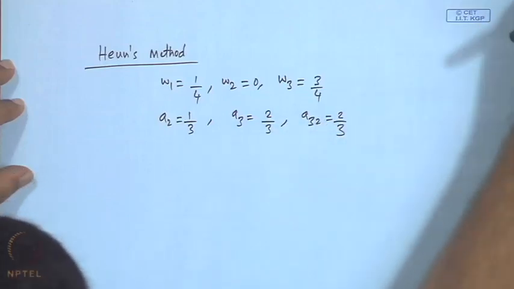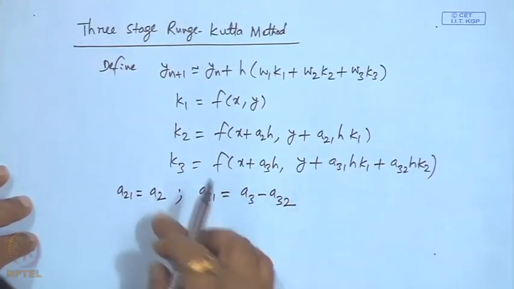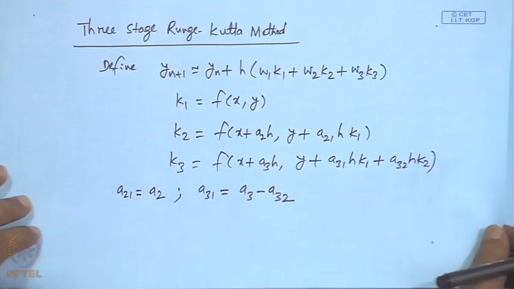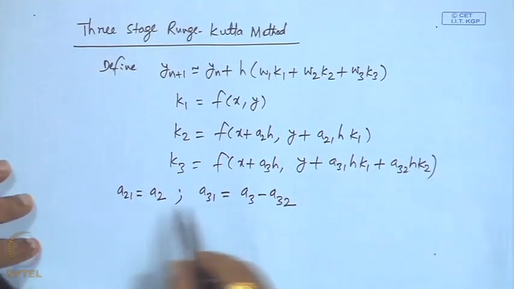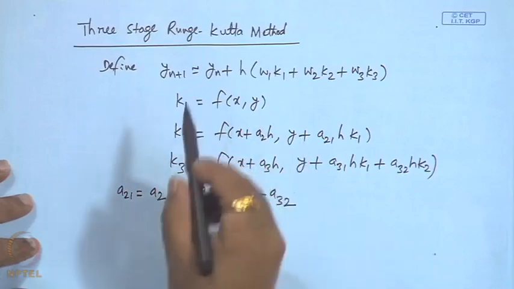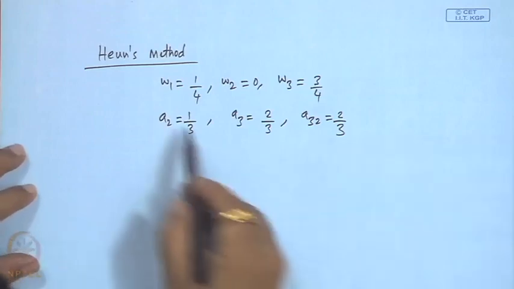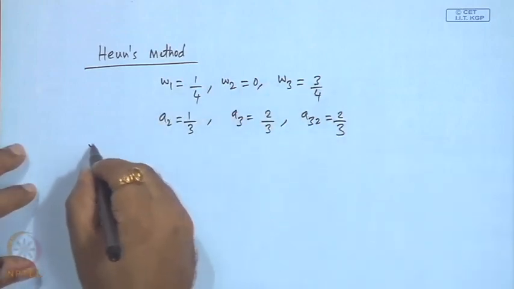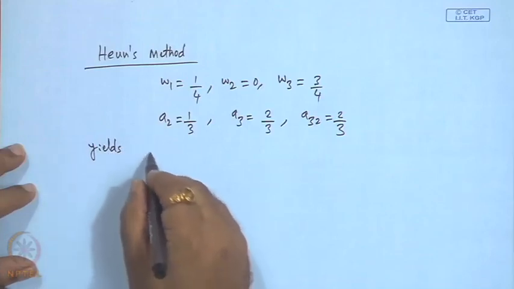So, you may see, this is A2, we made a choice, then A3 is 2/3. That will determine A21, A31 and in turn W1, W2, W3. Okay. So, this is the set. This yields the following method.